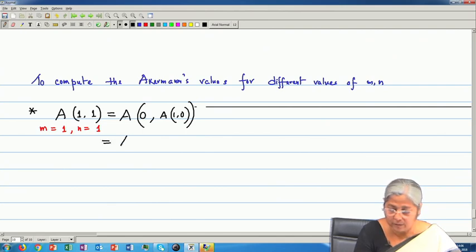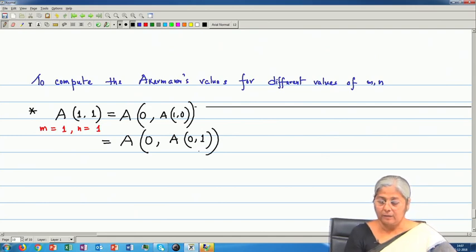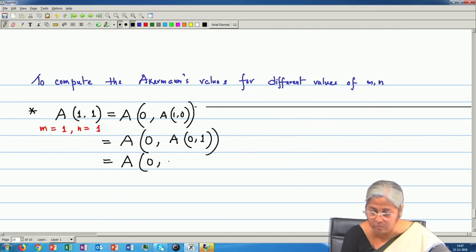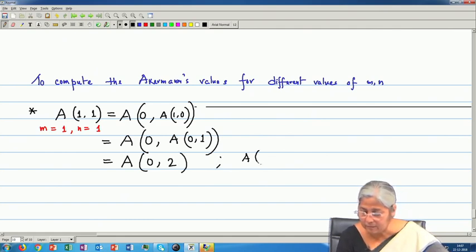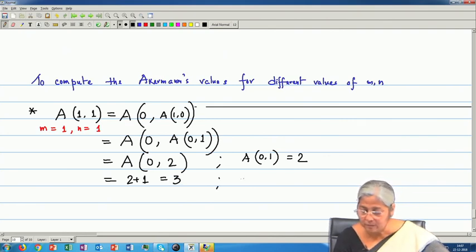Now A(1, 0) becomes A(0, 1). Now if I apply the initial condition, A(0, 1) equal to 2, since A(0, n) is n plus 1. So this becomes 2 plus 1 equal to 3.